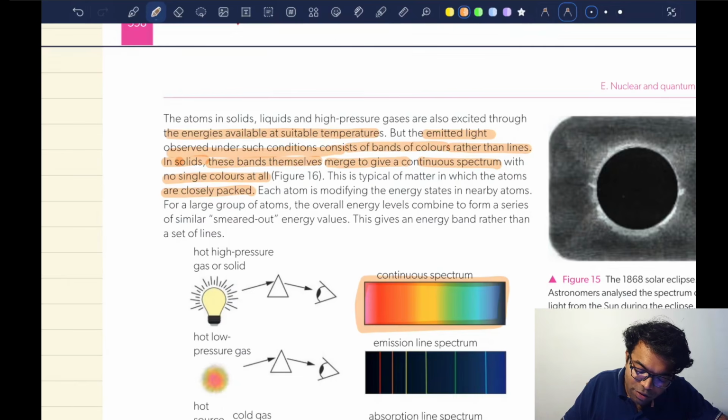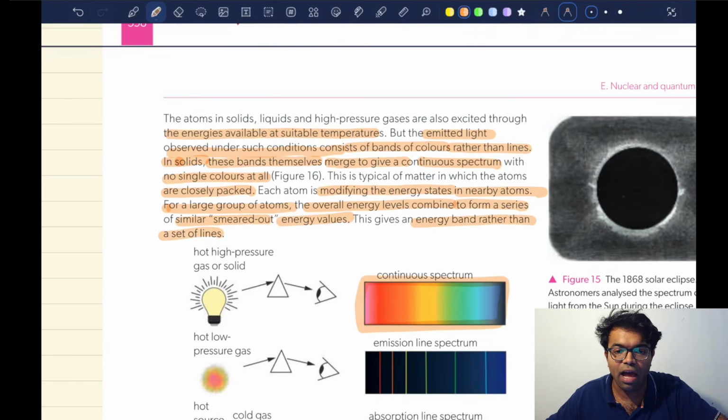Each atom is modifying the energy states of the nearby atoms. For a large group of atoms, the overall energy levels combine to form a series of closely spaced energy levels. This gives an energy band rather than a set of lines. Why is it happening?